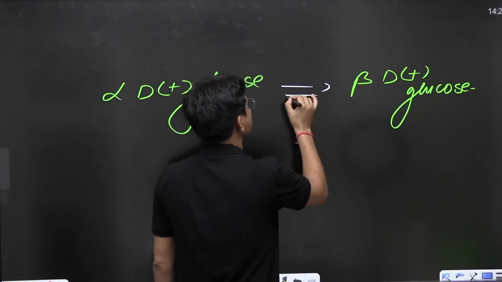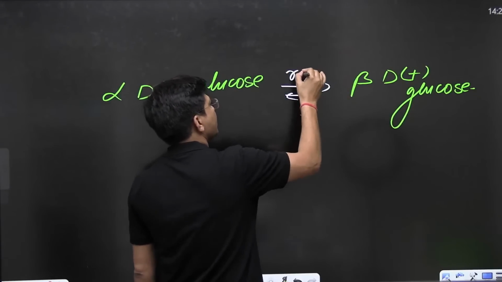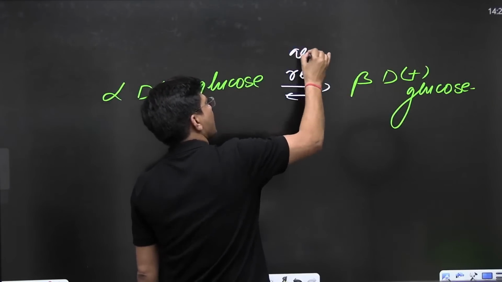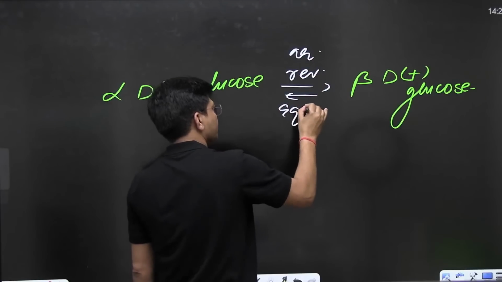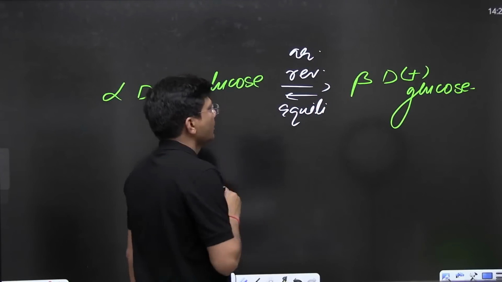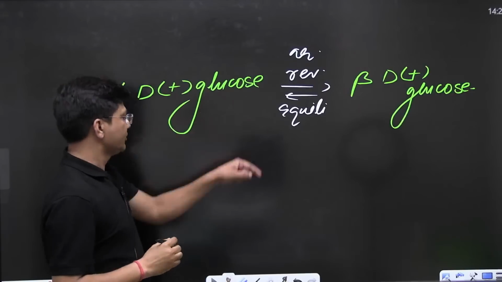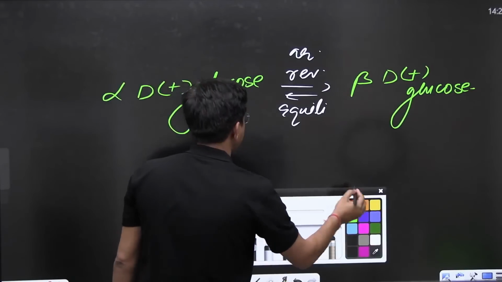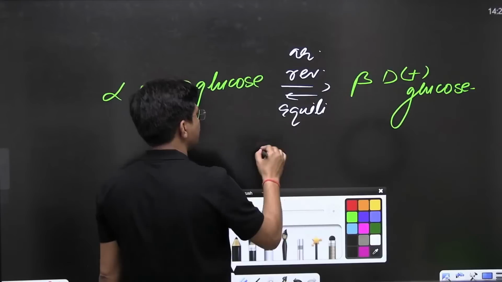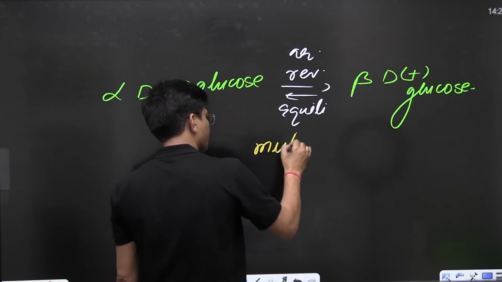They are changing one into another. We can say this is reversible and they are in equilibrium. My dear students, this conversion is known as mutarotation. This interconversion is known as mutarotation.